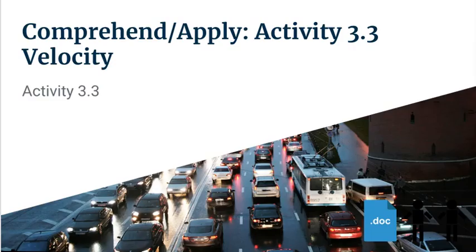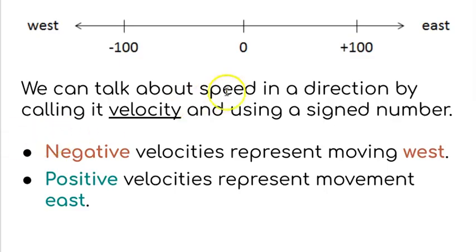All right, let's do one more thing here. So we can talk about speed in a direction by calling it velocity. Remember, speed and direction together make velocity, and using a signed number helps us understand which direction we're going. So in this representation, we're going to talk about moving to the west as a negative number, moving to the east as a positive number.